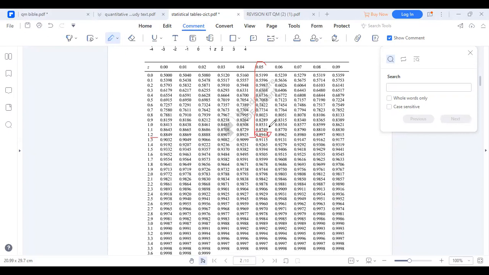These are cumulative, meaning that the 0.5 is incorporated in this one. So subtract it. The normal one without cumulative will give us 0.3944.